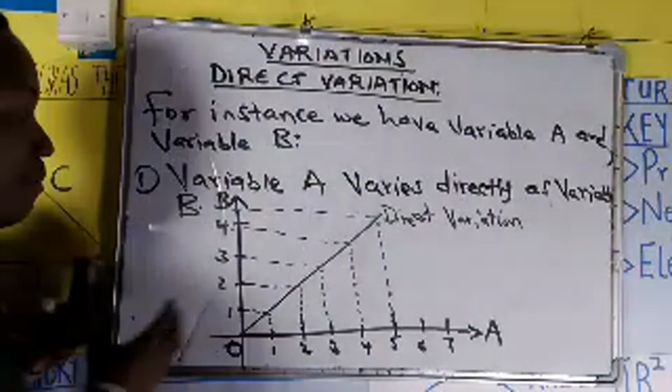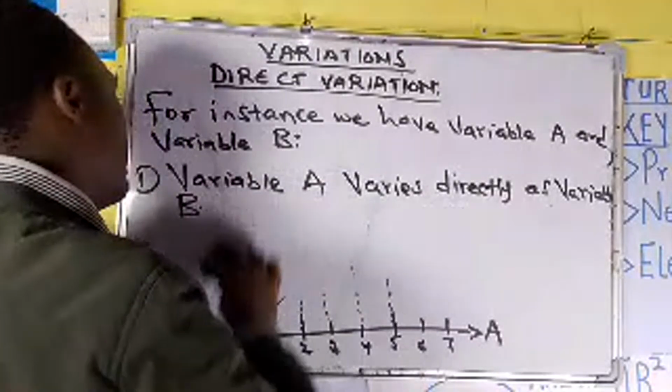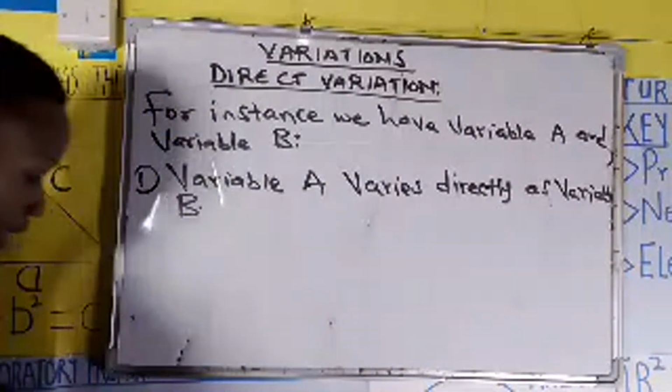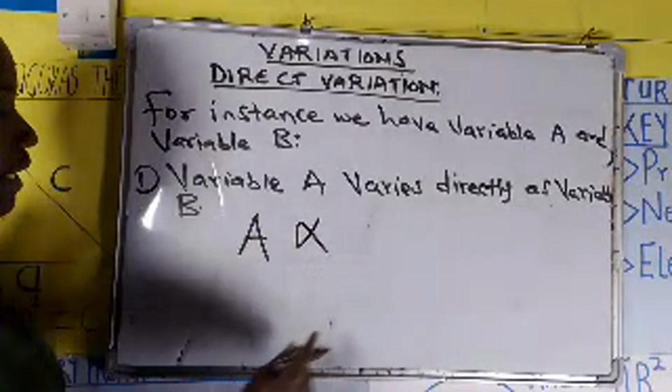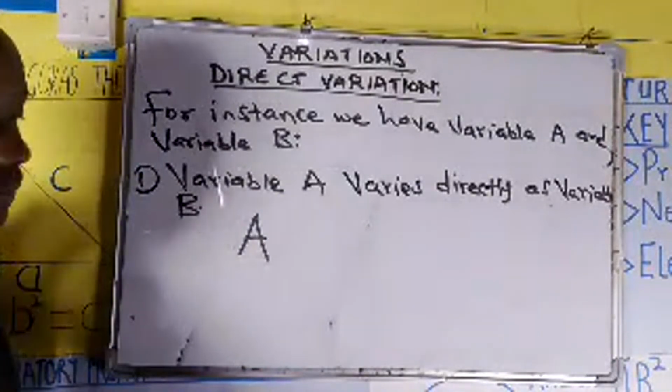So when we have been told that variable A varies directly as variable B, that simply means variable A varies directly. So the symbol of showing variation is what I've just drawn.